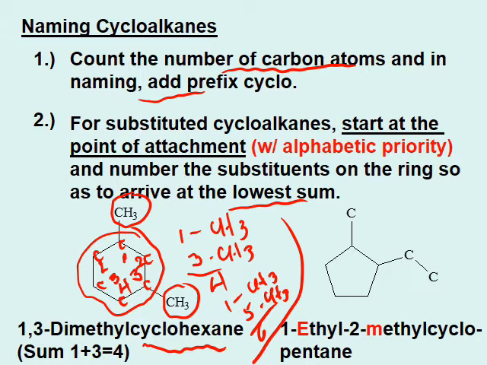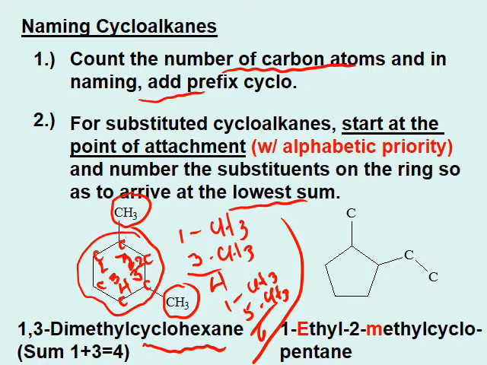In other words, your numbering has to be from 1, 2 to 3, from this carbon which I wrote down as 1, to the right carbon, to the next right. That's how this gives the smallest sum. So that's why this compound is 1,3-dimethyl cyclohexane, not 1,5.